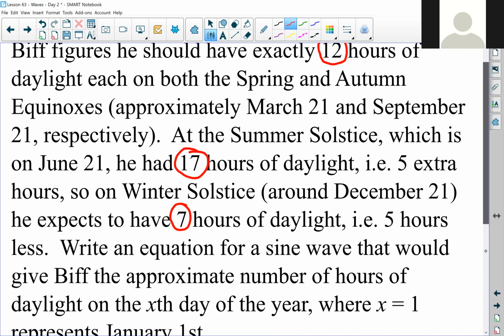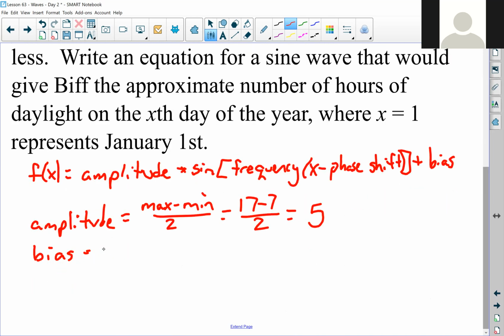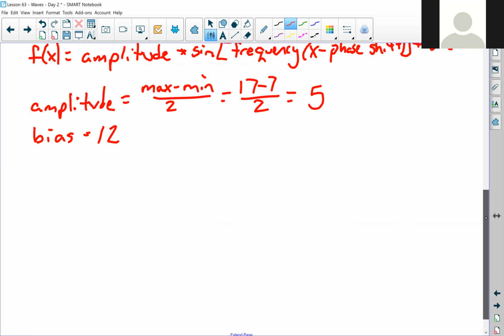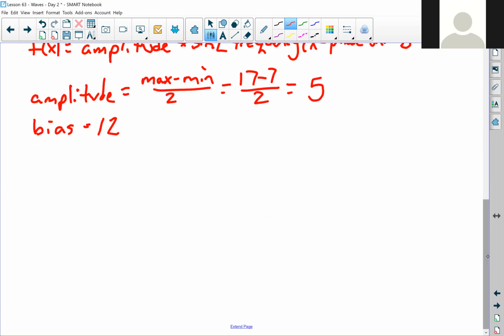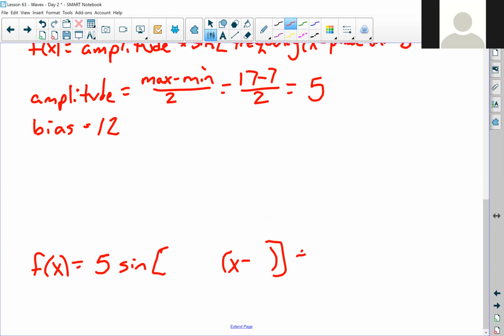So in this case, our bias is 12. So we can start our equation. I'm going to put it a little bit lower because we still have some things to calculate. But amplitude is 5, sine, we'll fill this in a minute, plus the bias.